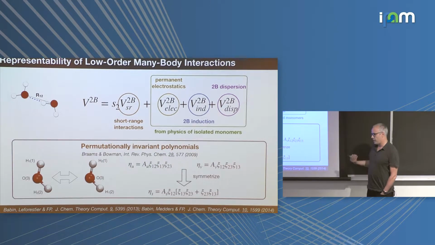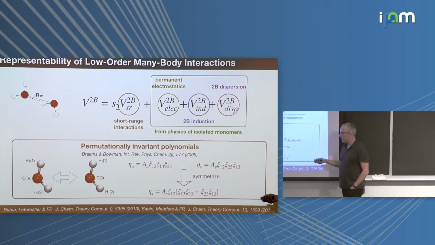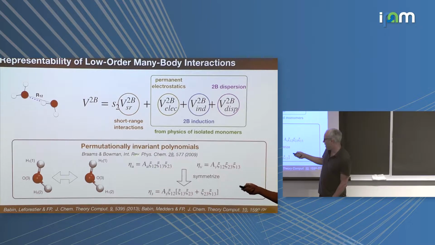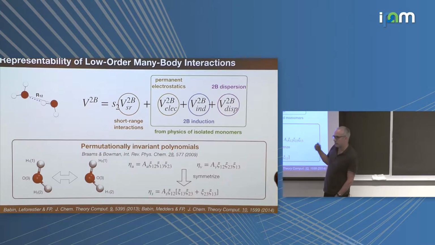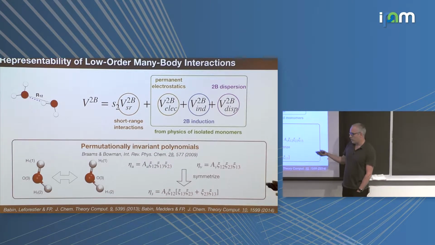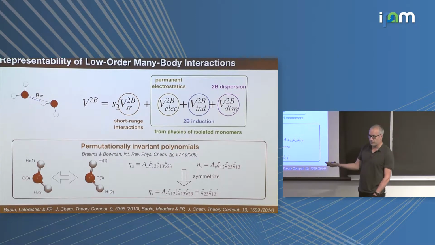And so now, why are they interesting in our field? They are interesting because they impose the permutational invariance directly just by construction. We know that the energy of a molecule doesn't change if I exchange these two atoms or if I exchange the two molecules at all. And so this is because of the property of the Hamiltonian.